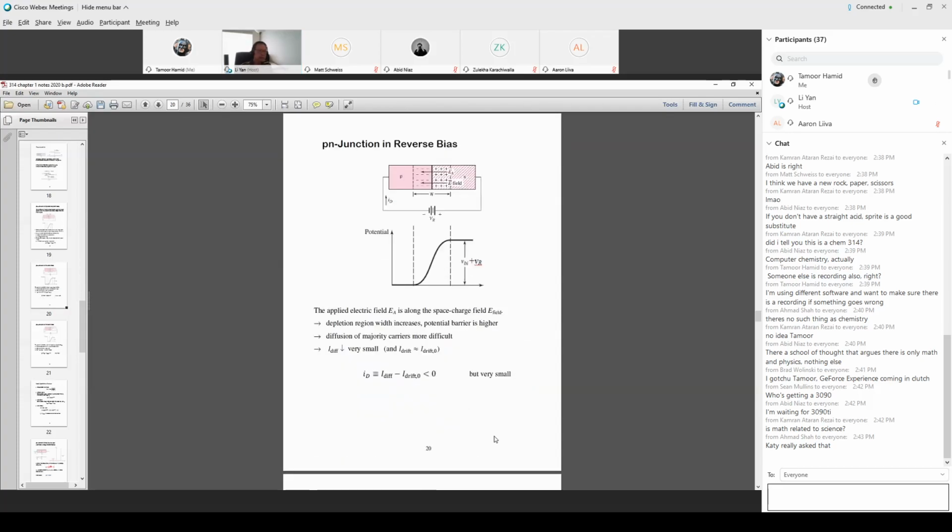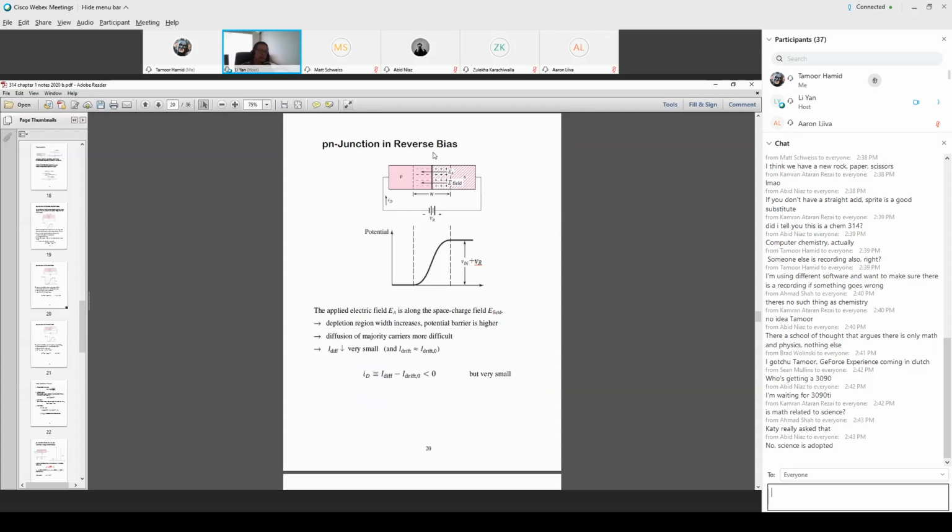So next is the situation we call reverse bias, or a p-n junction under reverse bias. What's the definition of reverse bias? A bias means you connect an external voltage source to this p-n junction device. The definition of the reverse bias configuration is that the positive terminal of the voltage source is connected to the N side and the negative terminal is connected to the P side.